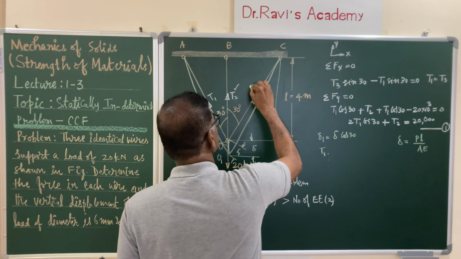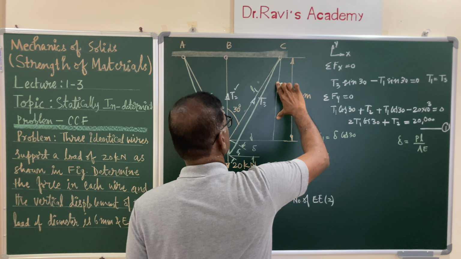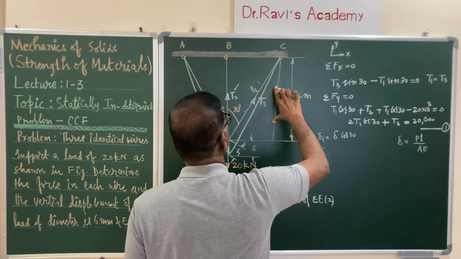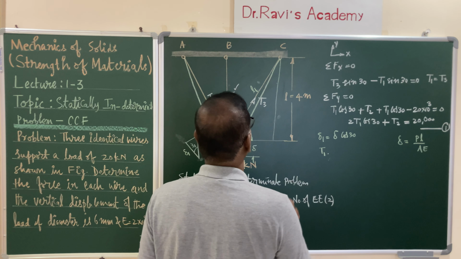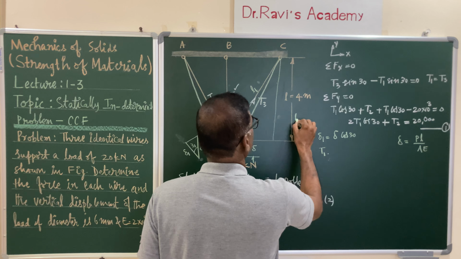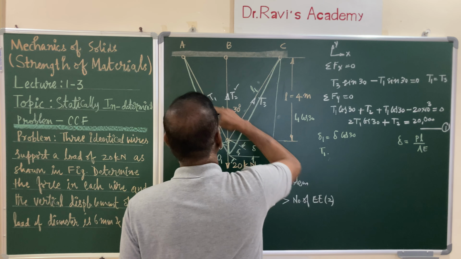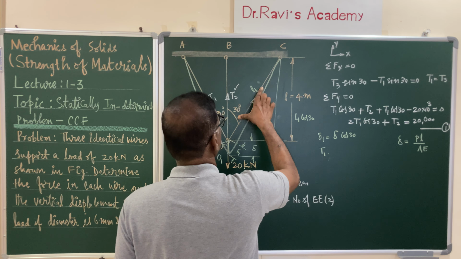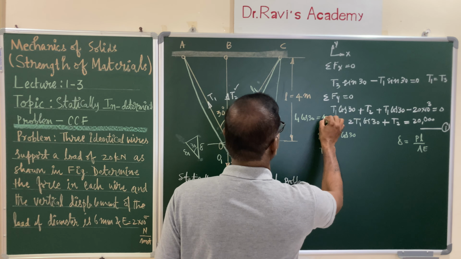From this right triangle, call this L1. L1 cos 30, the projection, with OA or OC as the hypotenuse. The projection of this along this is your L, that is 4 meters.